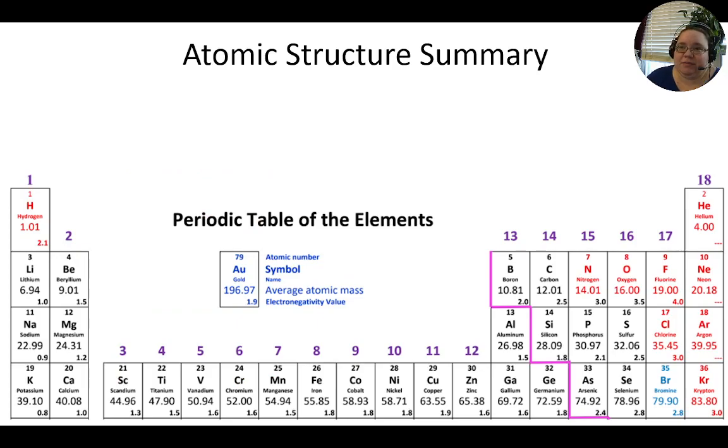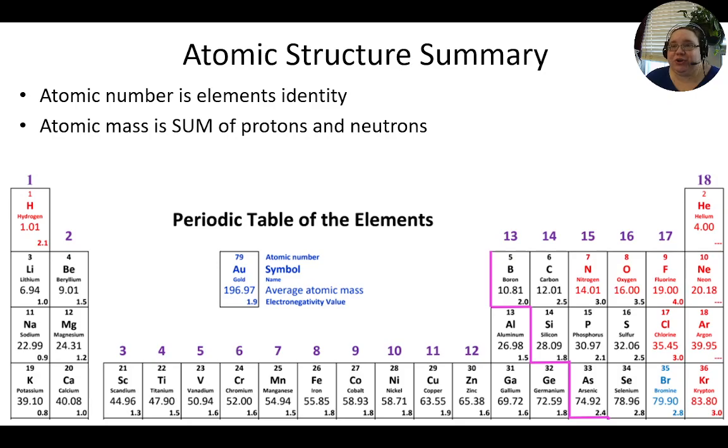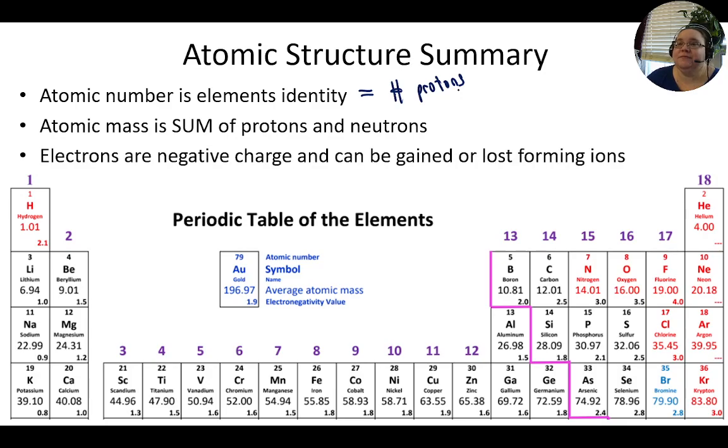So real quick summary, when you're trying to determine your subatomic particles, that atomic number is the identity. That atomic number determines the number of protons. The atomic mass is the sum of protons and neutrons.